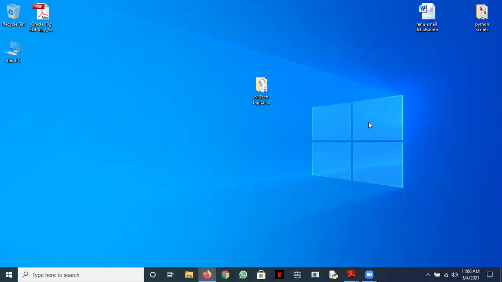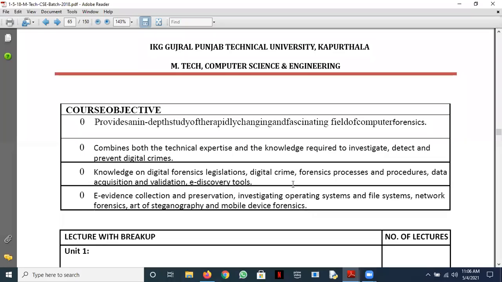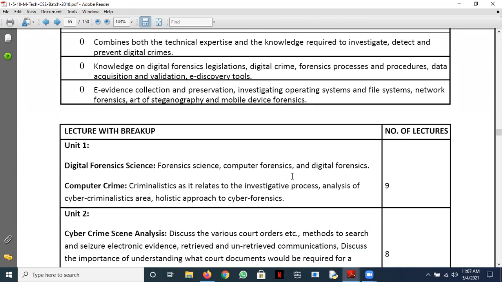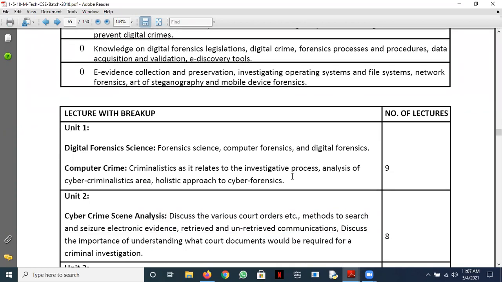Great. So let's first have a look at the syllabus of MTech Computer Science and Engineering second semester paper, Digital Forensics. This is the division of the syllabus. Unit 1 deals with the definition of digital forensic science.